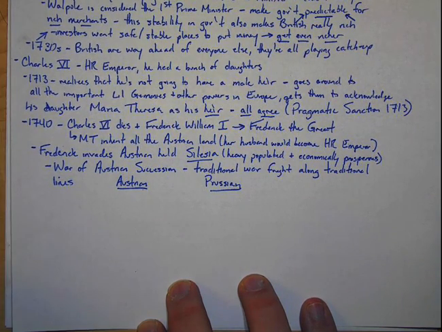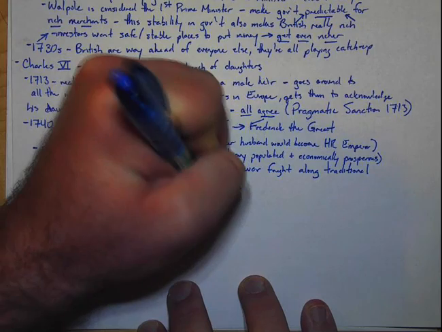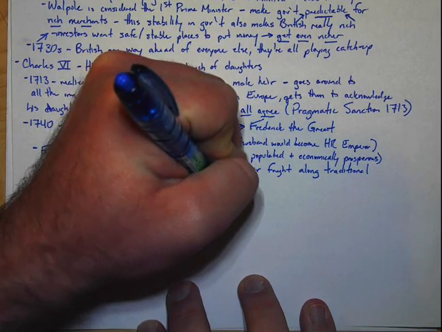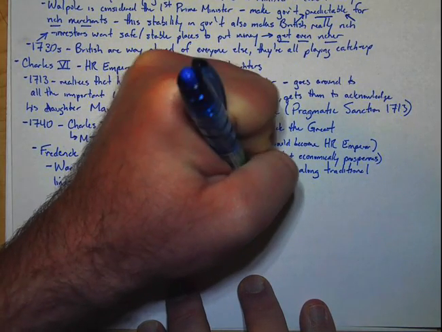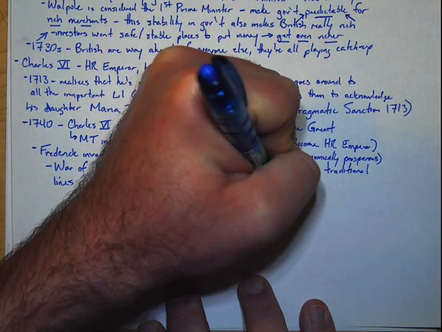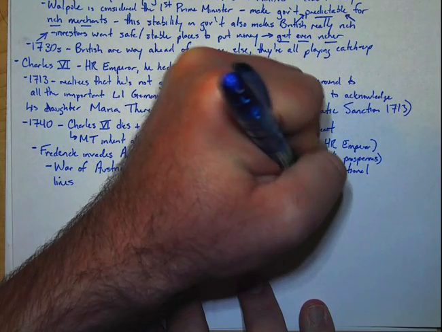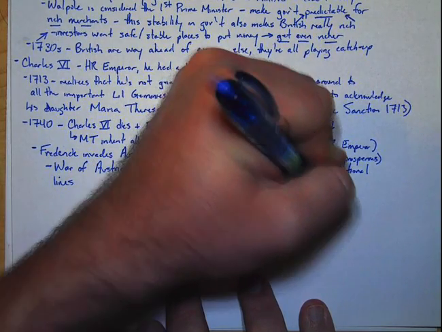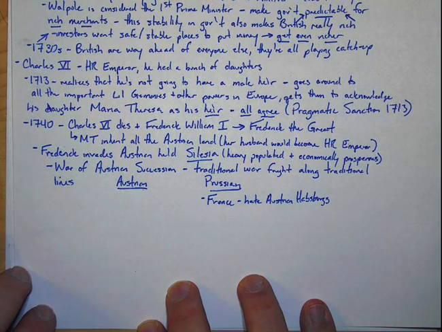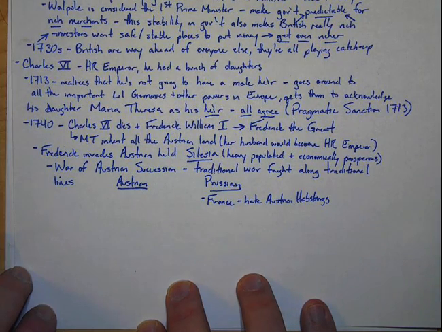France sides with Prussia because they hate the Austrians. They hate the Austrian Habsburgs. They've hated them for a long time. They just hate them, and they're going to side with the Prussians.